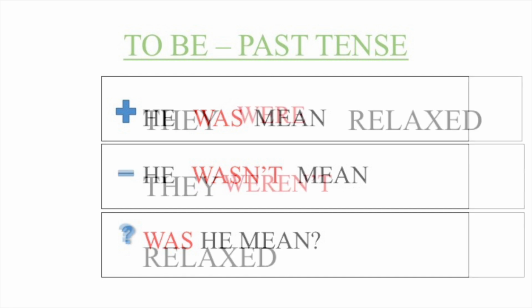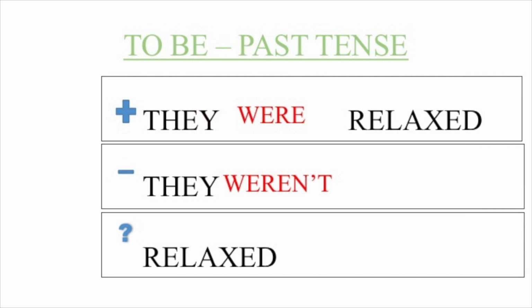Well done. But how about they? They was or they were? Well done. They were relaxed. They weren't relaxed. And for the question, this time not was they, were they relaxed?